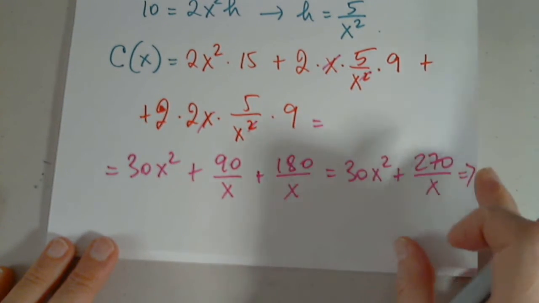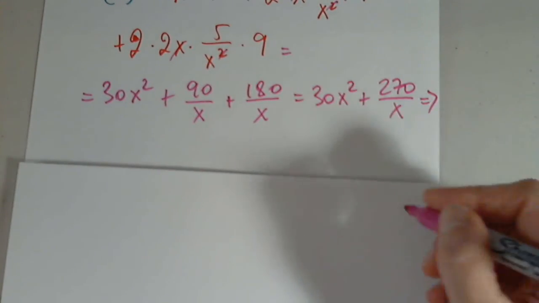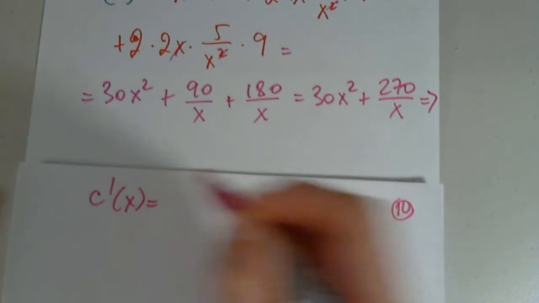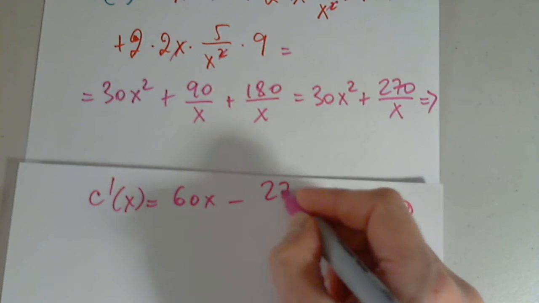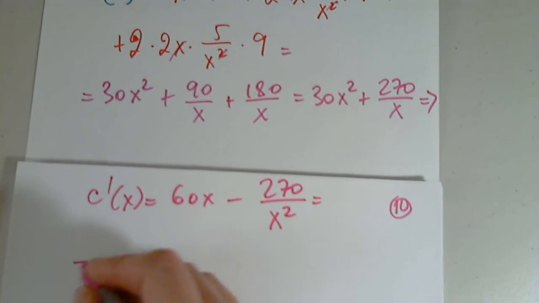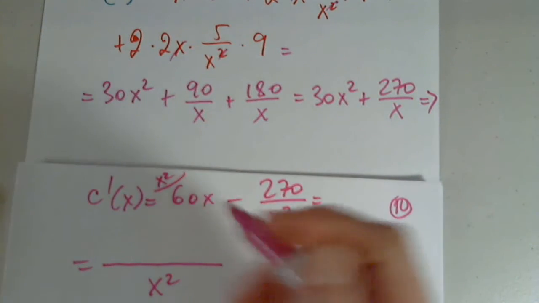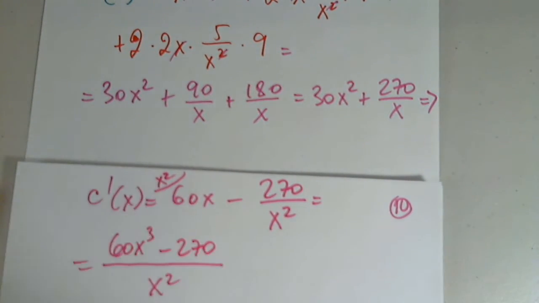And from here, I will not find the least common denominator. I don't need it for this function because it's easier to differentiate as is. And this is 60x minus 270 over x squared. This one, I need the least common denominator. So I need to multiply the top. So this is 60x cubed minus 270.